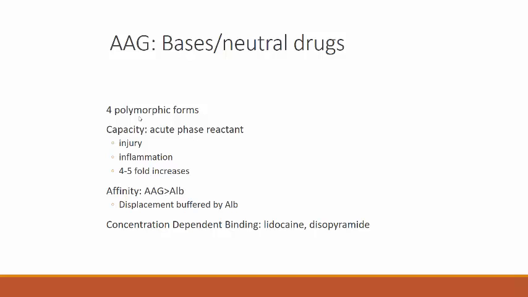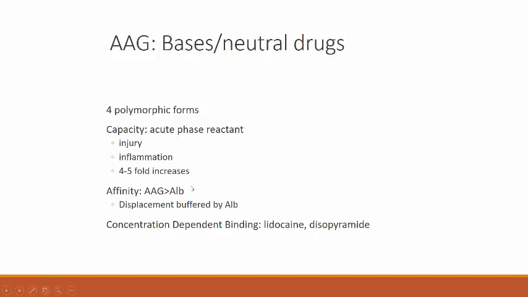The affinity of drugs for AAG is greater than the affinity for albumin. There are also love triangles with AAG, so you can have displacement reactions when two drugs are vying for the alpha-1 acid glycoprotein binding site. Usually drugs are bound to both AAG and albumin. So if a drug loses the love triangle with AAG, it might then be bound by albumin in some cases.